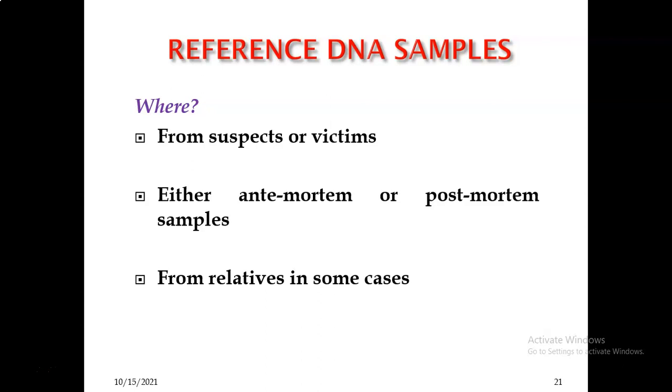We've already talked about evidence samples. All this while, we are talking about evidence samples. That is sample that we get from a scene of crime because we don't know the source. The source of such samples are unknown. So, if we get such samples, it means we need something to compare because forensic science is all about identification and comparison.